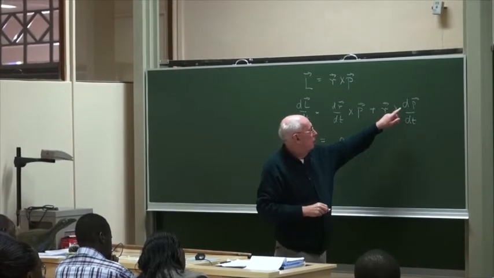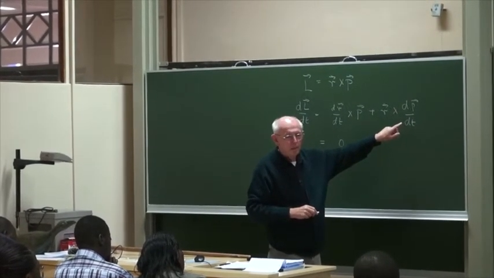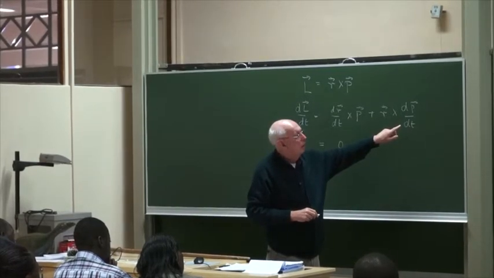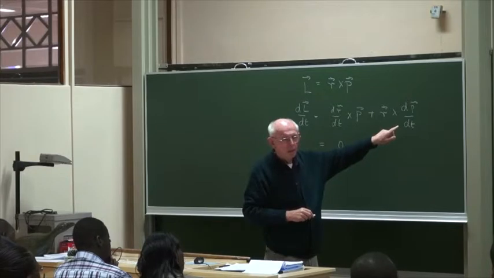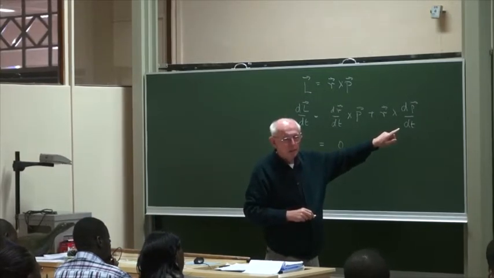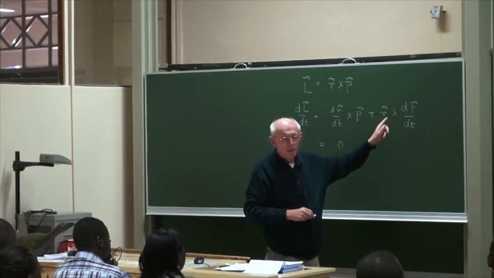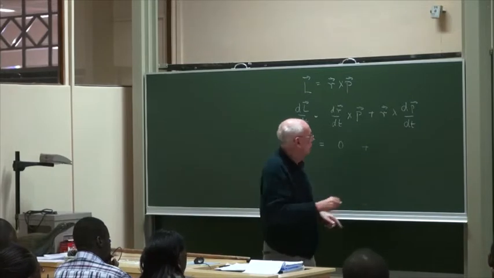What is dP dt? F. And what can we say about F? In which direction is it? The same direction as R. So what is R cross F? 0.